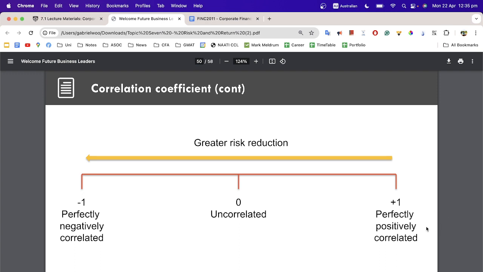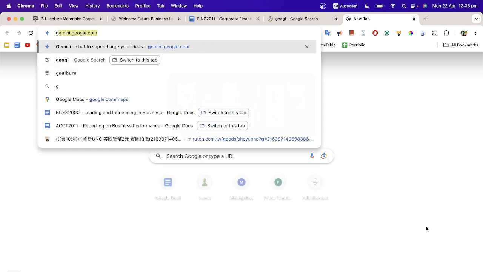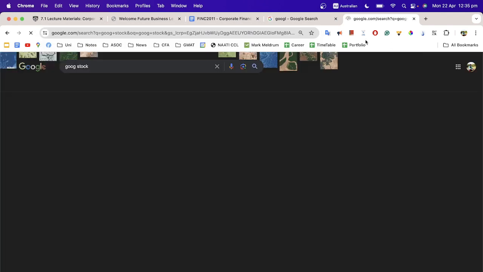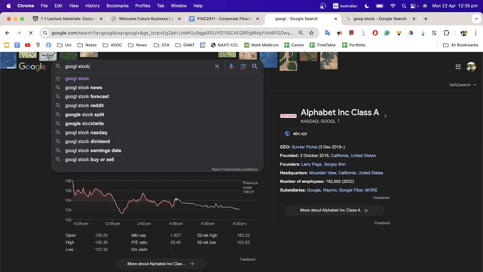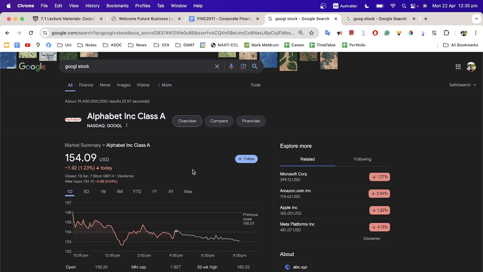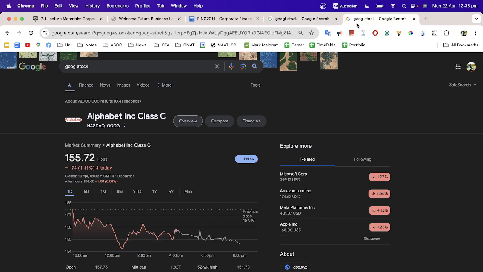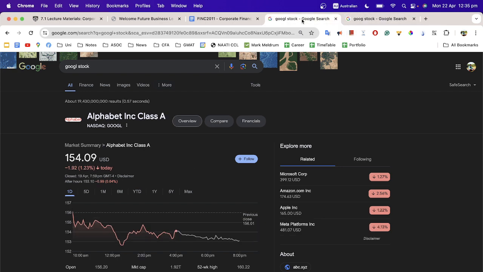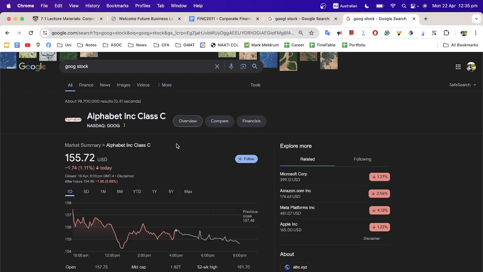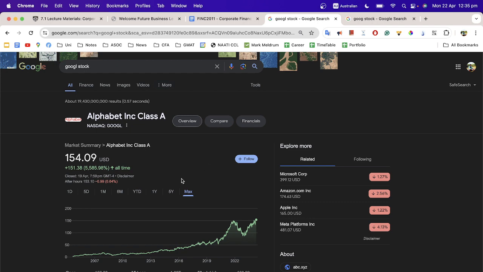So if two assets, two securities move together in perfect harmony, in perfect synchronization, what will be an example? Theoretically, for example, Alphabet Class A stock and Alphabet Class C stock should move together. They should have a correlation of 1 because they have the exact same underlying economics.